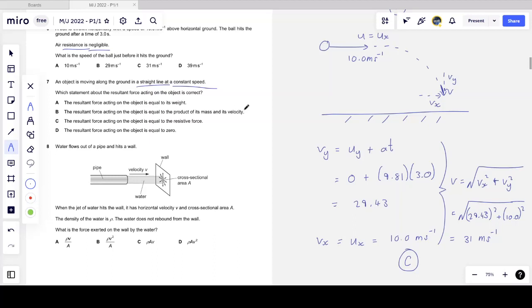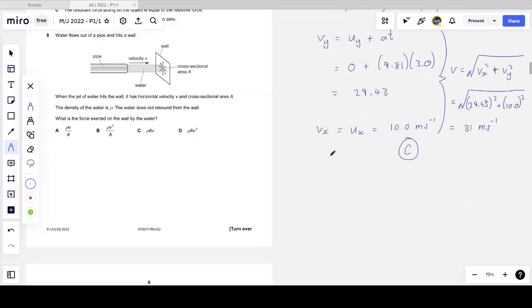Any object that does not have a resultant force on it will continue to move at constant speed or stay in its position of rest. If it's moving at constant speed, all the forces on it must be balanced. And so if I were to draw a diagram, I don't need to do this.